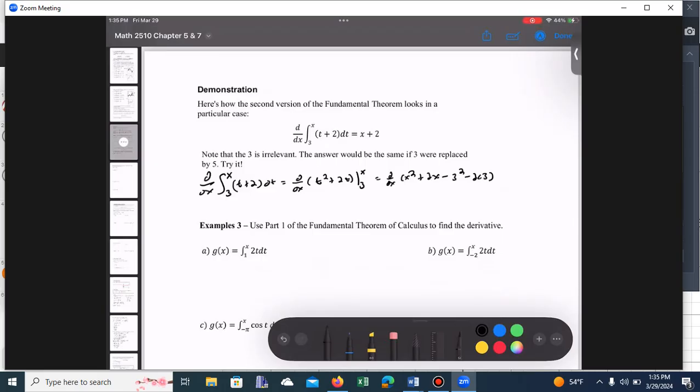We gotta subtract the bottom, which is going to give us d dx of x squared plus 2x, and then minus 9 minus 6, so you have a minus 15. And then when you take the derivative of that, you get 2x plus 2.